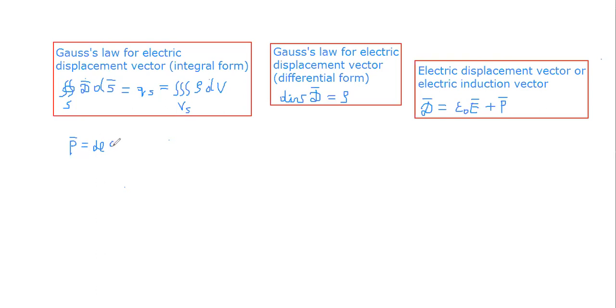P is kappa epsilon 0 E. And here we know that D, electric displacement vector, is equal to epsilon 0 E electric field intensity plus polarization density.